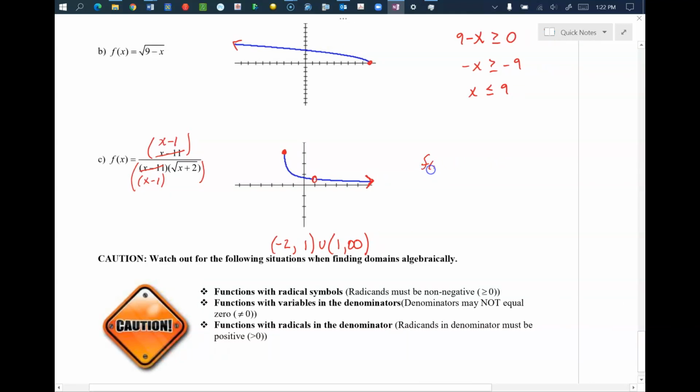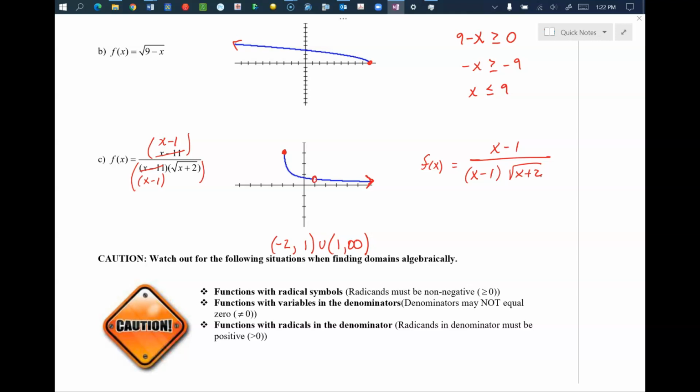So this function is equal to x minus 1 over x minus 1 times the square root of x plus 2. All right, so again, this is really a fraction. So one thing you can't have is you cannot have a 0 in the denominator of the fraction.